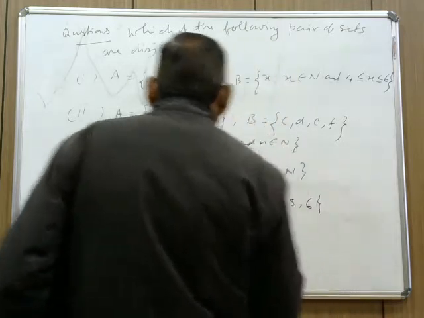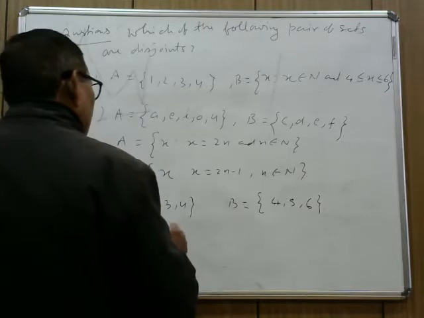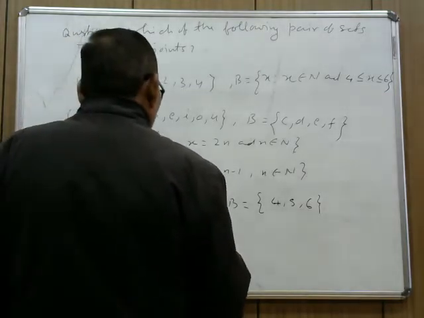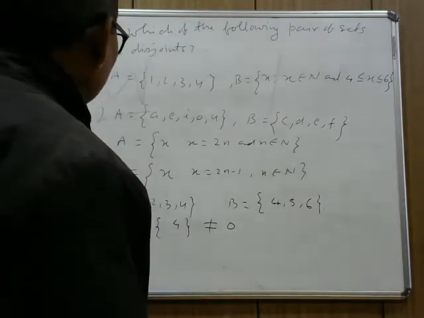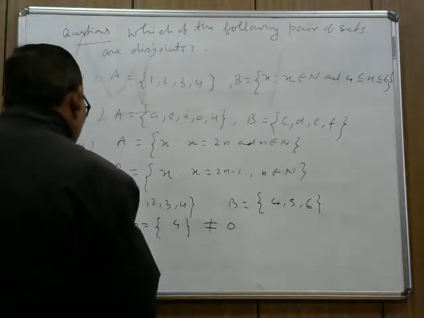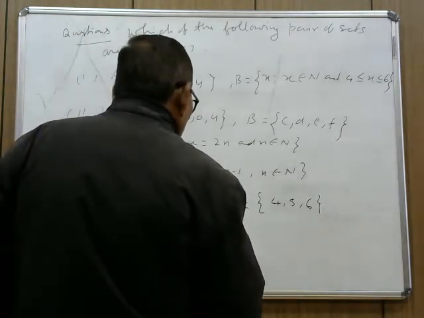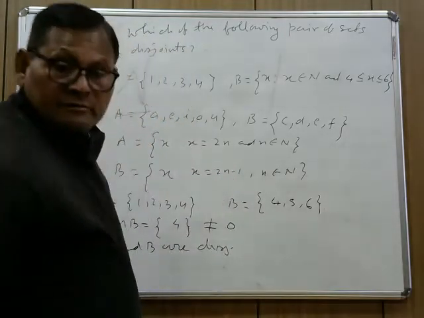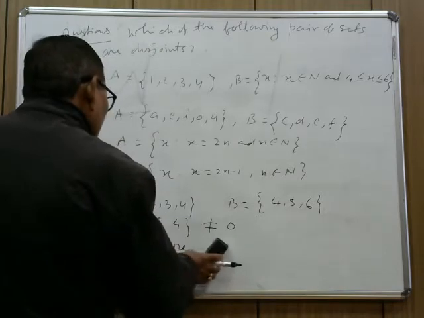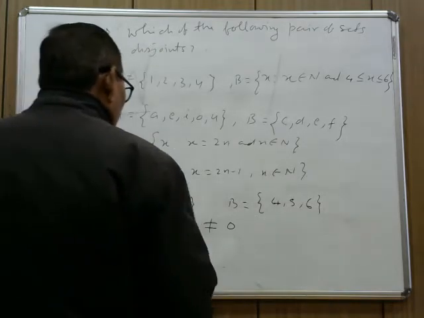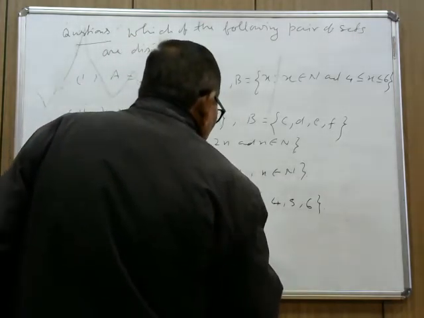In this case when you find their intersection, the common elements of both the sets, it is equal to {4}. This is not equal to the empty set. This implies that A and B are overlapping sets, and overlapping sets are not disjoint sets. Therefore, A and B are not disjoint.